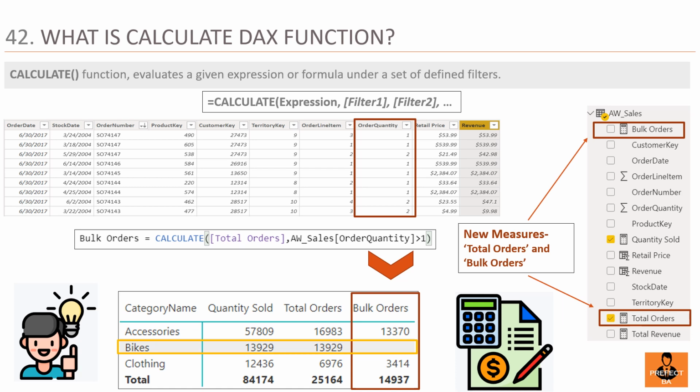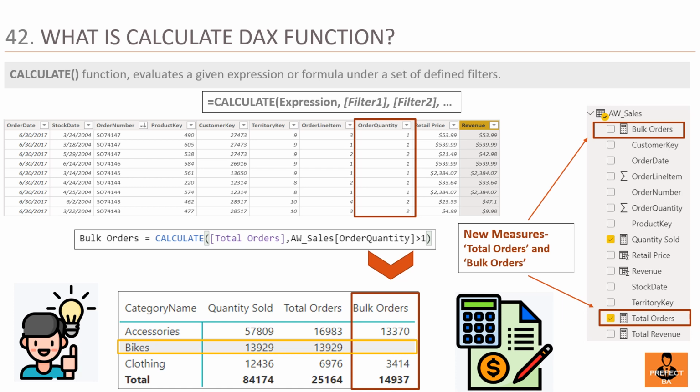Calculate function evaluates a given expression or formula under a set of defined filters. Calculate function works as a base function to apply other DAX functions in different scenarios by an analyst as per the business requirement.